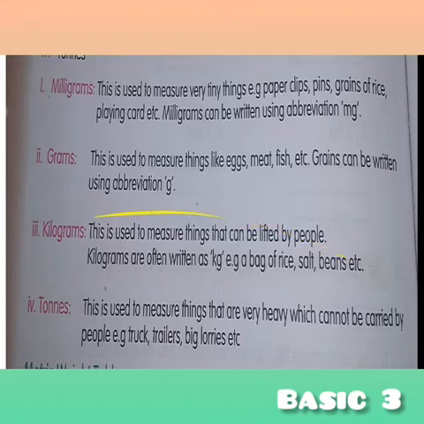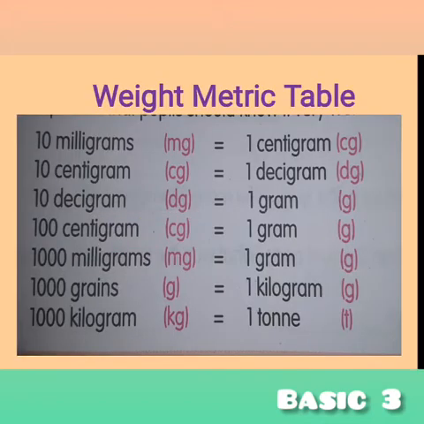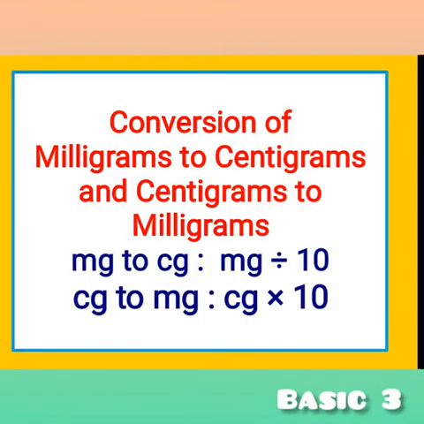Now, the weight metric table is very important. At this point you should learn and memorize it. So we expect that you recite and memorize the weight metric table, as this will make solving questions on weight very easy. Now we'll begin. Conversion of milligrams to centigrams and centigrams to milligrams.